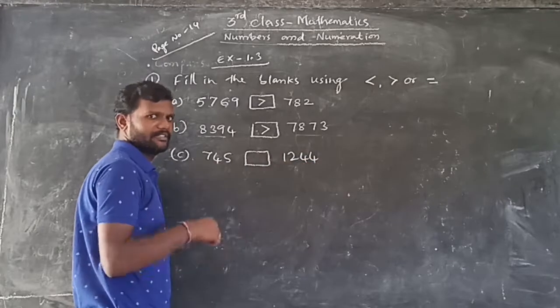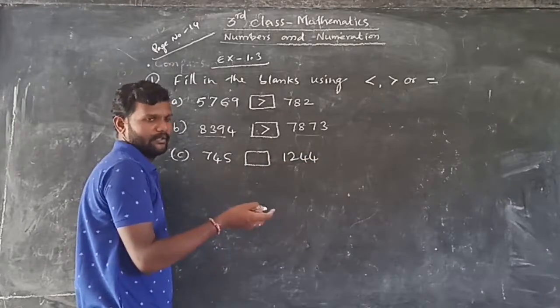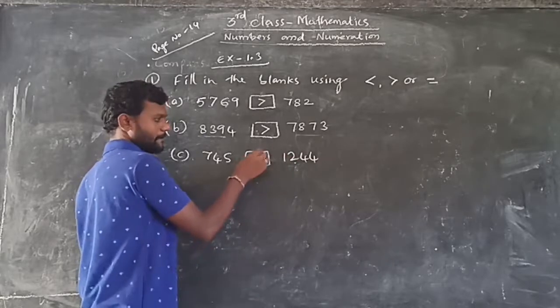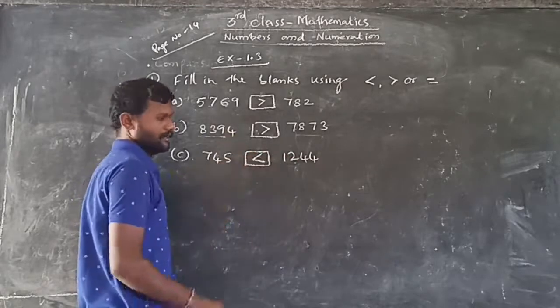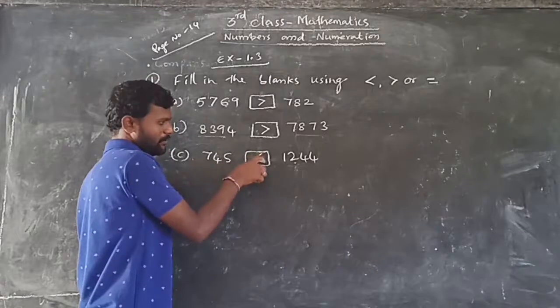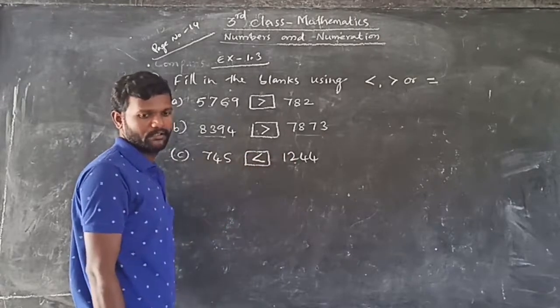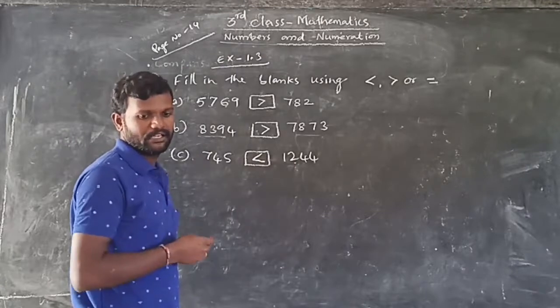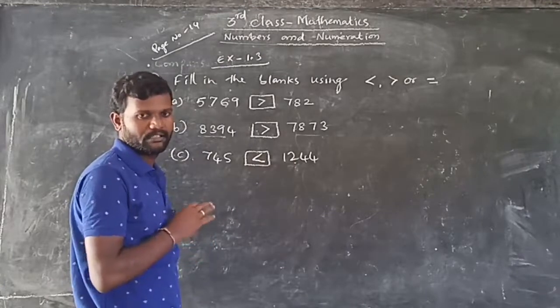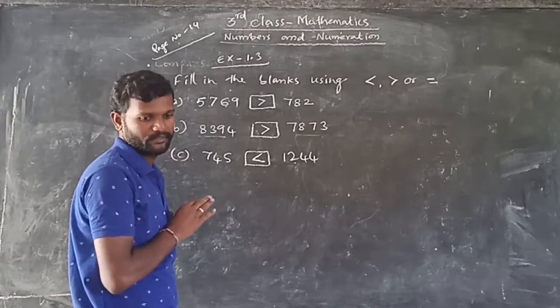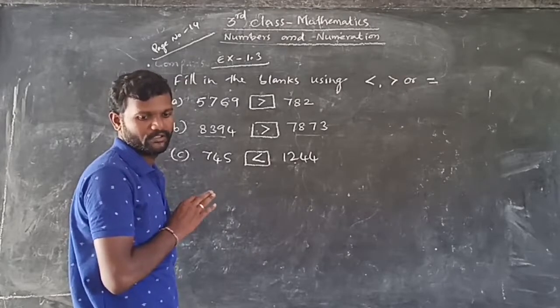The 4-digit number is the bigger number. So this is the bigger number. Which symbol do you have to use? This symbol. Remember, these two ends are always towards the bigger number only. Okay, so like this you have completed the first bit in exercise 1.3 on page number 14.